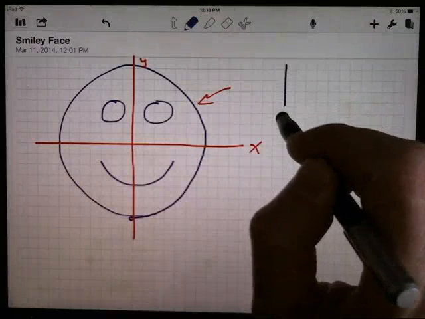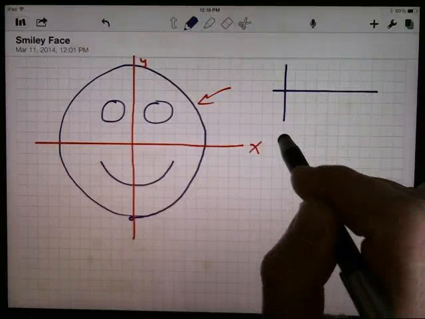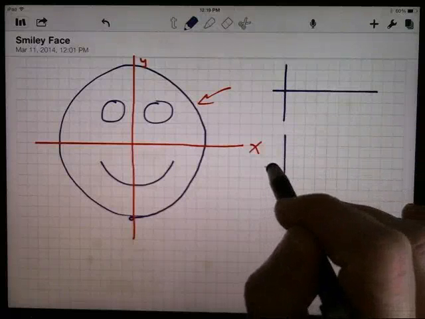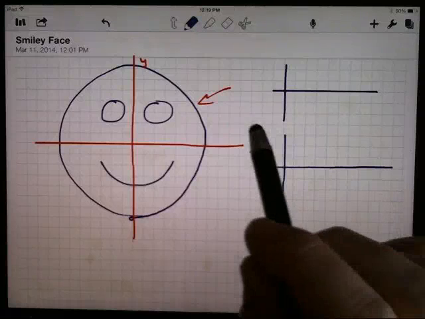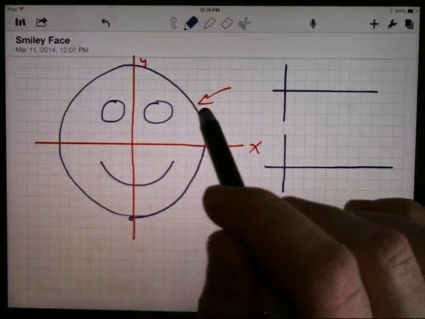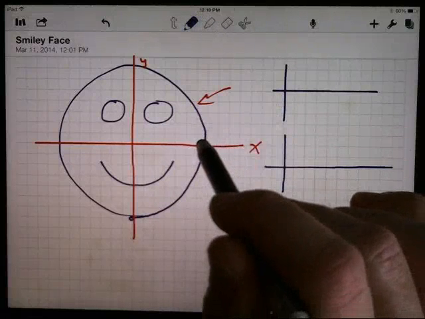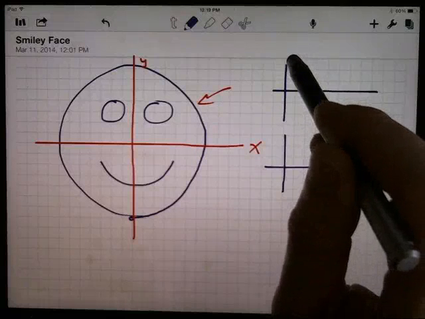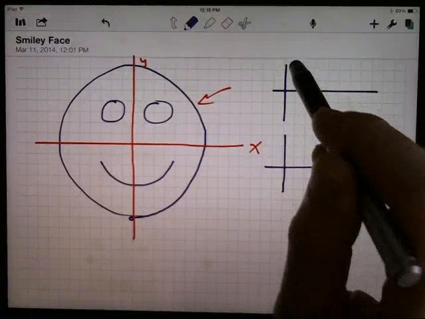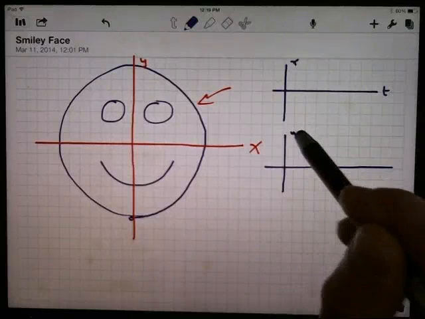So what I'm going to do is draw a couple of quick graphs here, and think about this circle in terms of animating it. That is, draw it by saying, I'm going to start at a particular spot and go around. And I'm going to draw here two graphs, x versus t and y versus t.